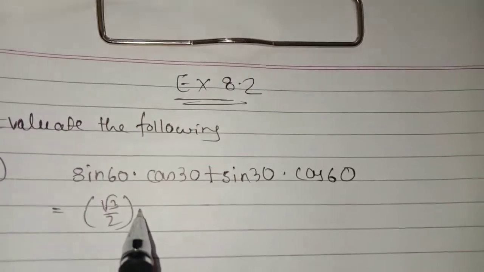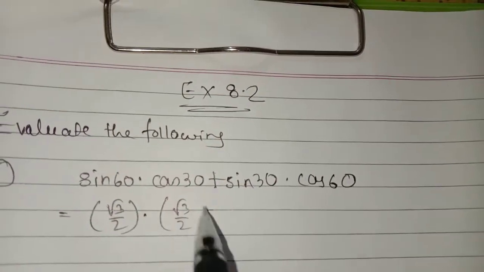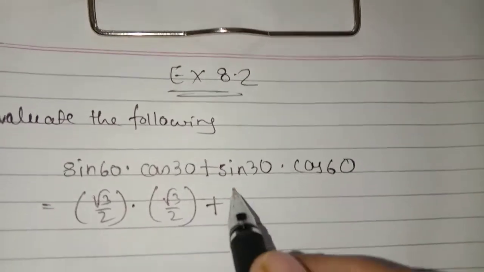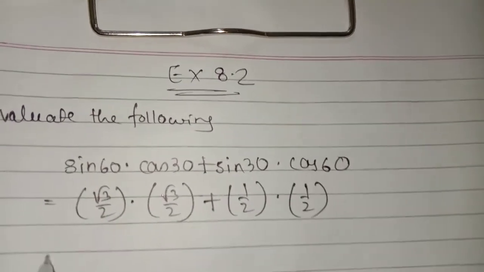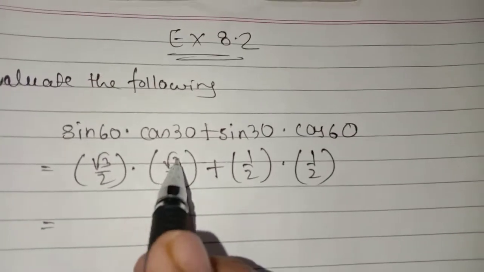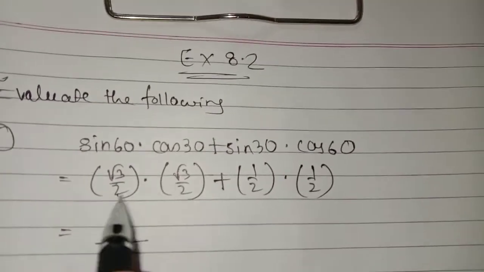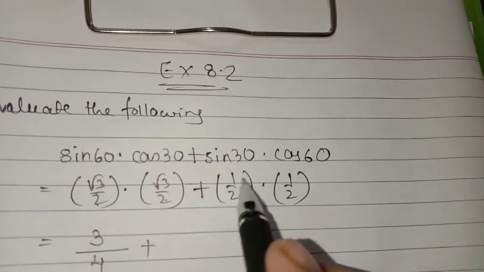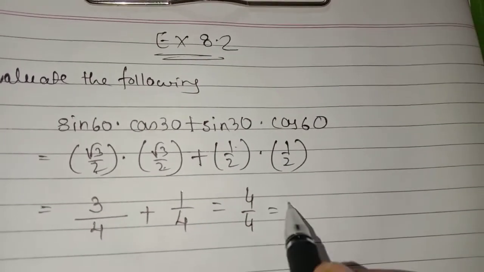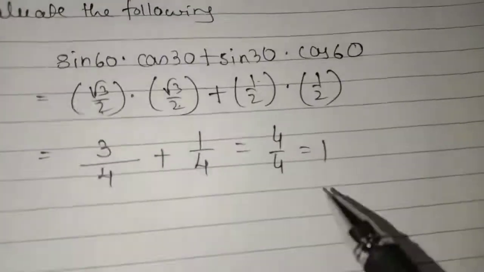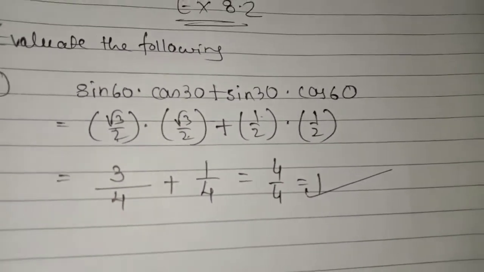What is cos 30? It is also root 3 by 2. Sin 30 is 1 by 2. Cos 60 is 1 by 2. Then root 3 multiplied by root 3 will be 3, and 2 twos are 4, plus 1 ones are 1, 2 twos are 4. So it will be 4 by 4, that is equal to 1. So this is the way we will solve the numerical.